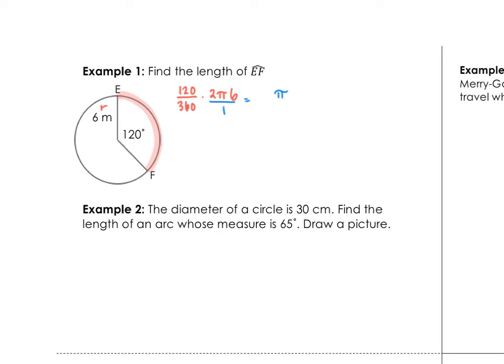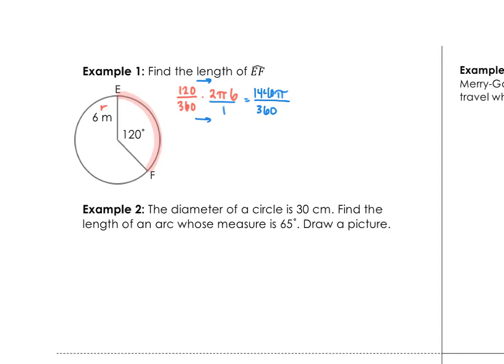and we're just going to multiply the numbers. So we're going to multiply 120 times 2 times 6. So 120 times 2 times 6, that's 1440. So on top we have 1440 over, and then we multiply the bottom. 360 times 1. So that's just 360.